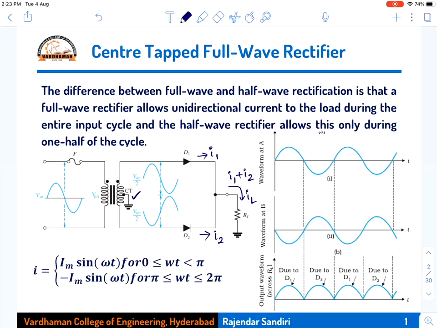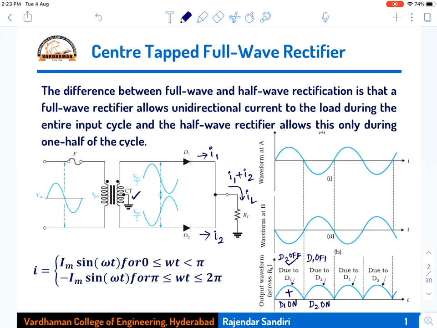That's what is written. So this first positive half cycle is because diode D1 is on. In this case, D1 is on and D2 is off. Okay, therefore the current that is flowing is the first half cycle. In the second half cycle, what happens is here D2 is on and D1 is off.